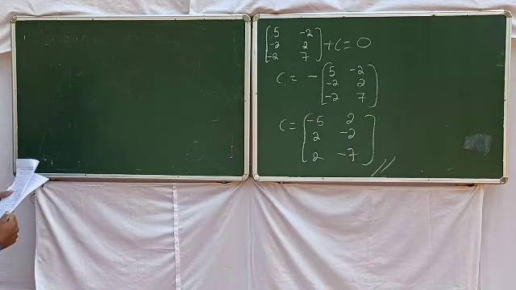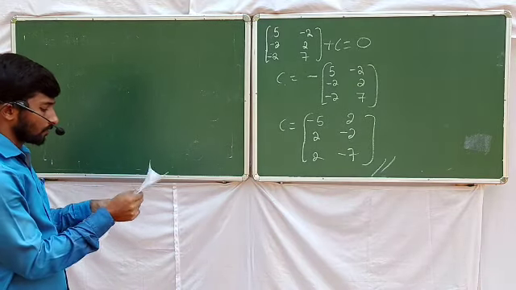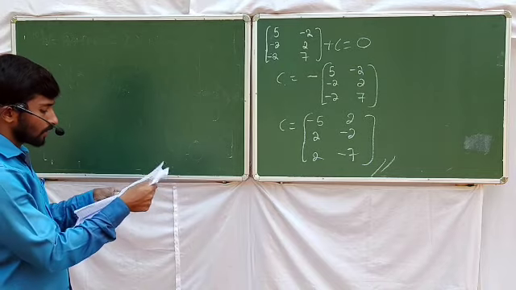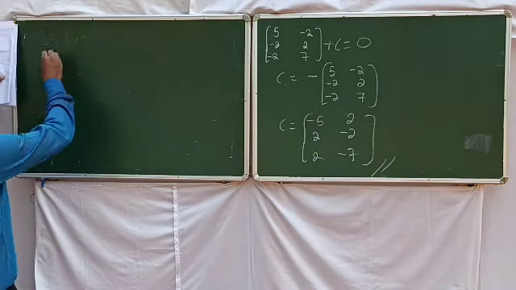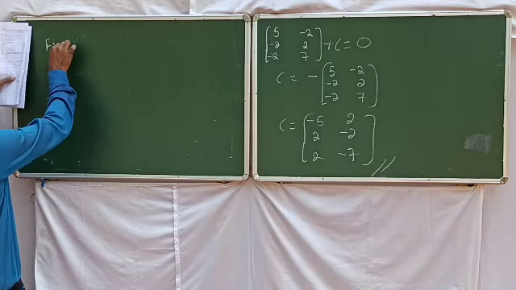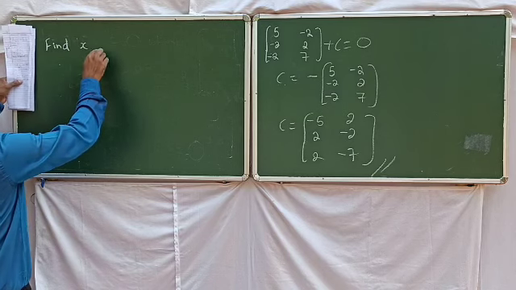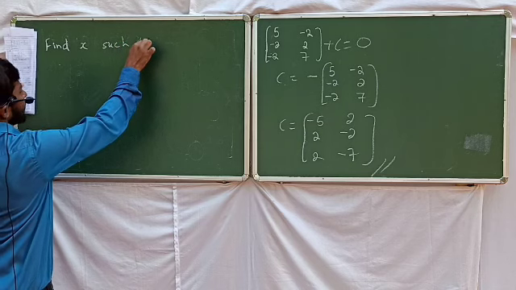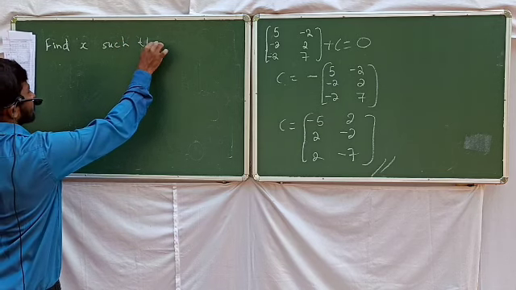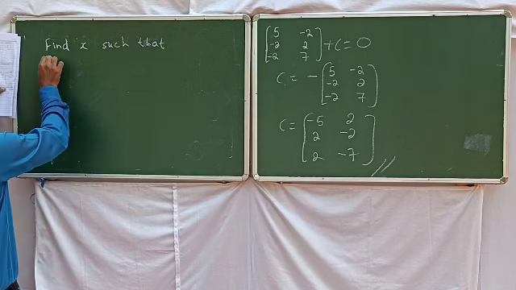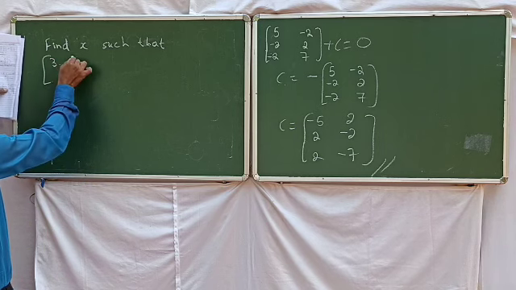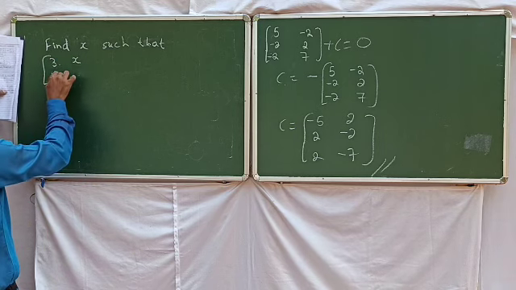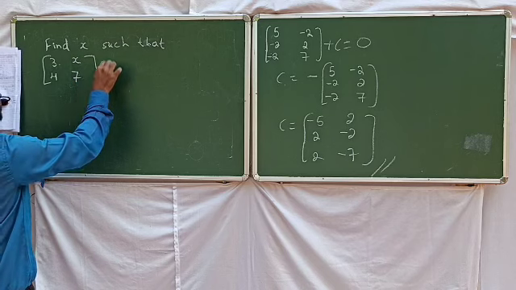So very important 1 mark question for annual examinations. Given question is find x, such that the matrix [3, x; 4, 7] is symmetric.